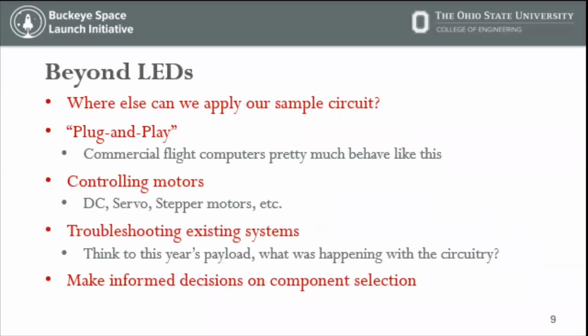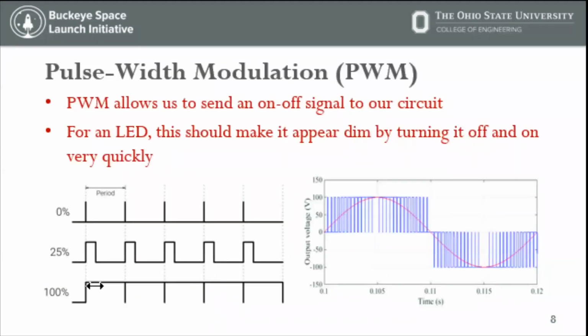And then 100% would be the circuit is just on. And then you can see here what PWM hopes to achieve. I know it's a little blurry, I apologize. But you can see as we go from 0, 25, 50, 75, and 100, it's approximating that analog signal.